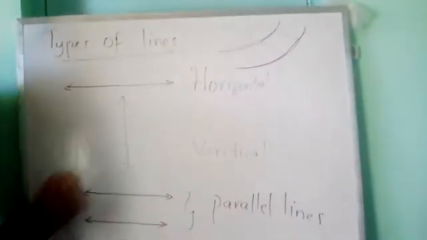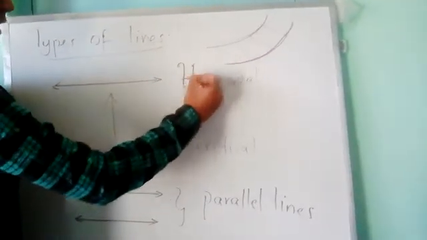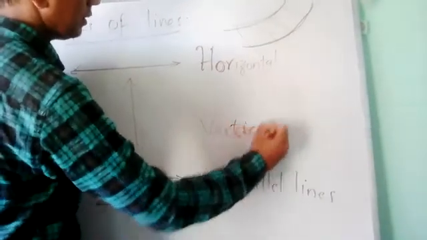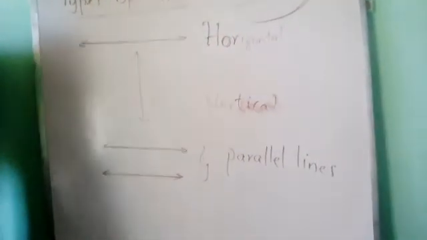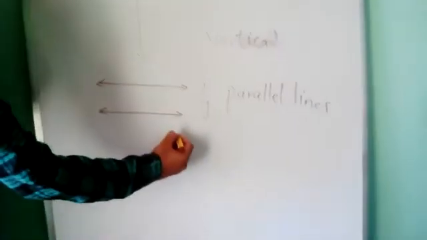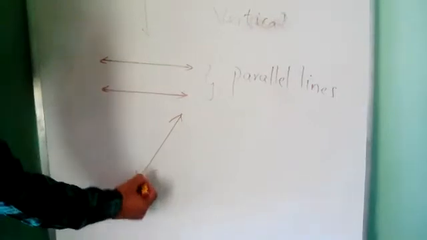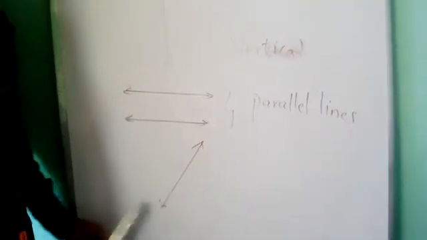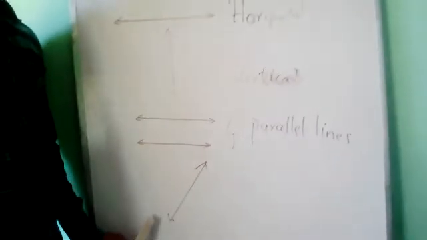Horizontal line, horizontal line, vertical line, vertical line, parallel lines. And some lines will be like this also. For example, have you observed the side stand of a vehicle, a bike, or your cycle stand?